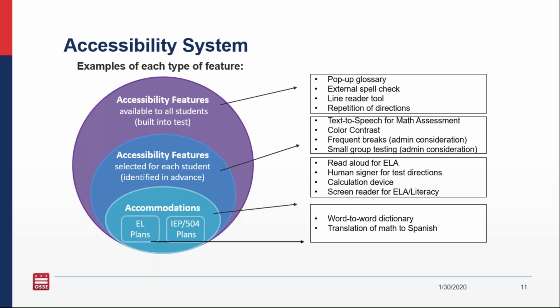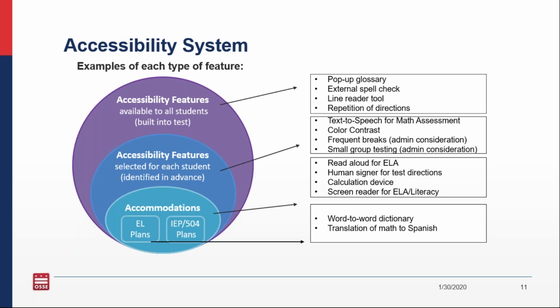It's also important to remember that frequent breaks and small group testing are administrative considerations, and they can be identified by the school or the LEA. Accommodations consist of read aloud for ELA, human signer for test directions, calculation device, and screen reader for ELA literacy. And some specific accommodations for English learners would be a word-to-word dictionary and a translation of math to Spanish.